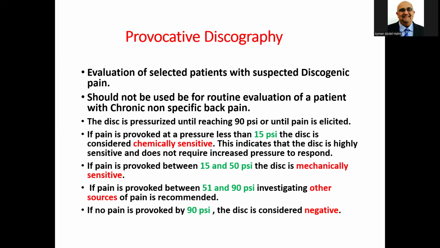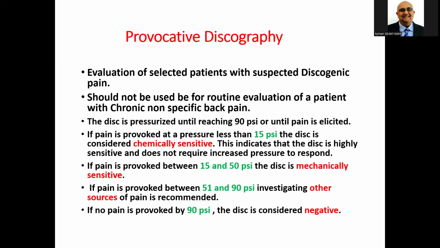This basically indicates that the disc is highly sensitive and doesn't require increased pressure to respond. If pain is provoked between 15 and 50 psi, the disc is mechanically sensitive. If the pain is provoked between 51 and 90, you have to investigate other sources of pain. If no pain is provoked by 90 psi, the disc is considered negative.